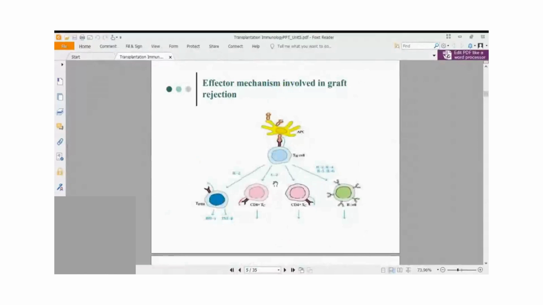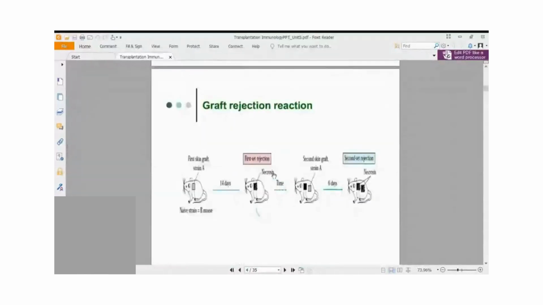Before the immune system gets stimulated in the host for the graft, the first step will be a stimulation stage or sensitization stage.